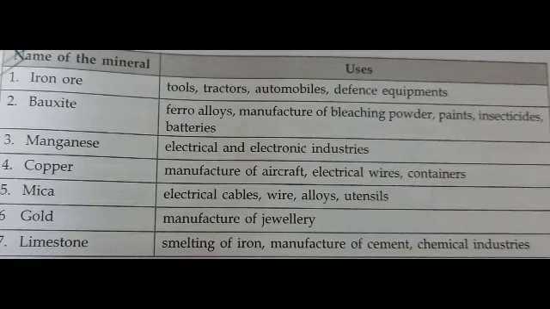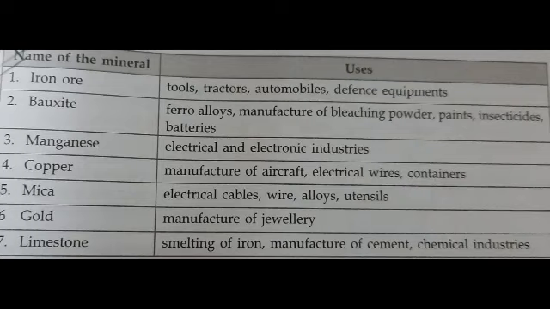Copper is used to manufacture aircraft, electrical wires, containers. Mica is used to manufacture electrical cables, wires, alloys, and utensils. Let's talk about gold. Gold is used for manufacturing jewelry. Then, limestone.